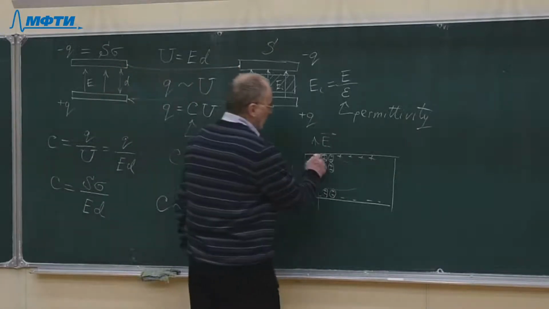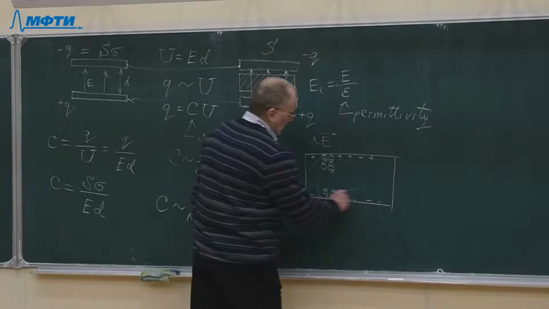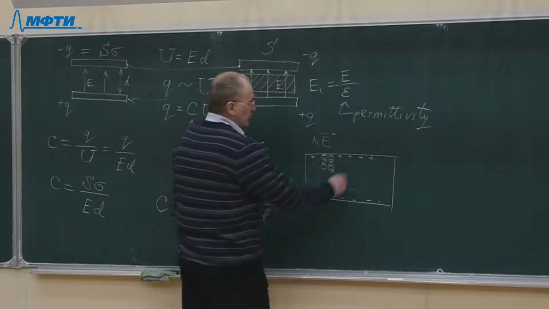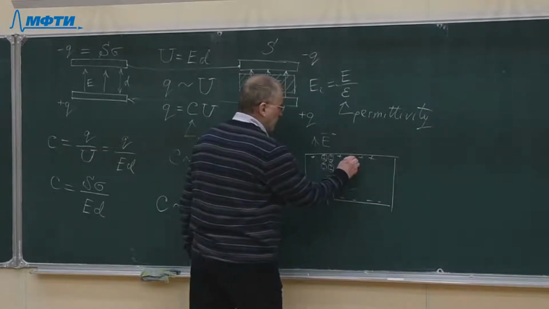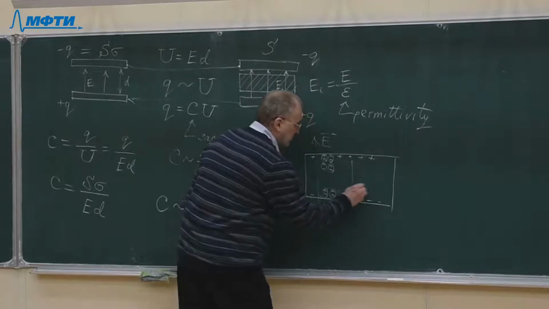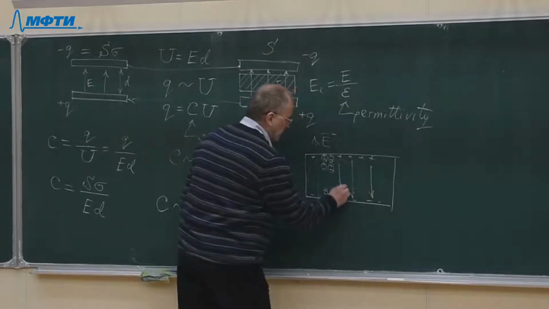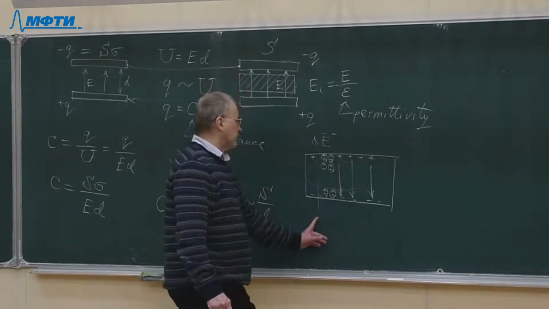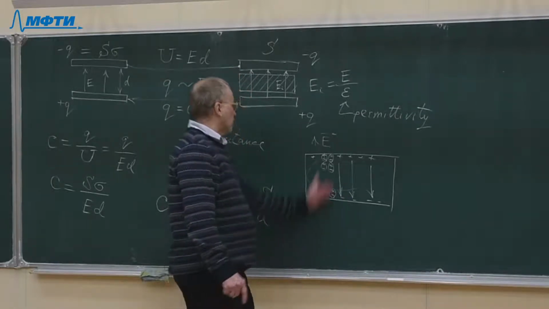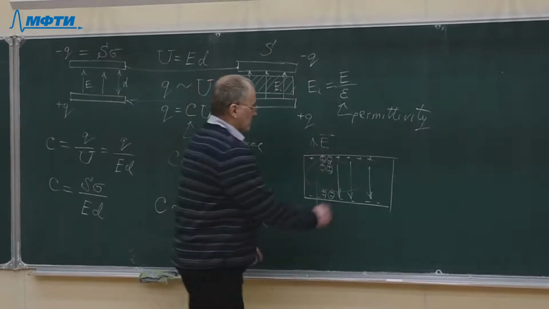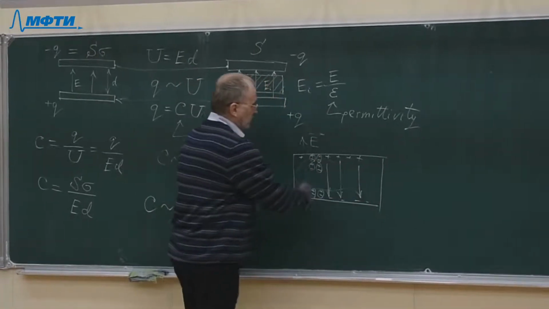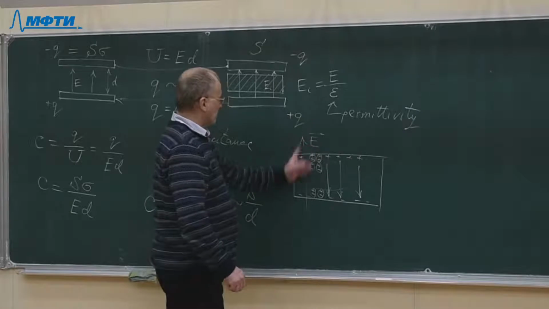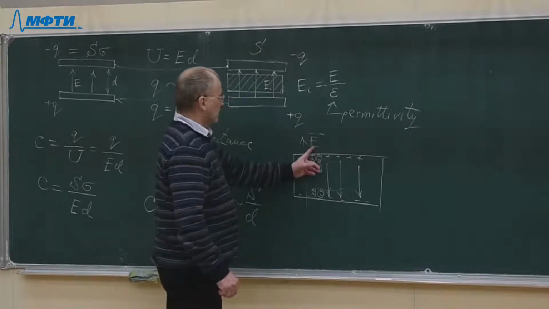These non-compensated charges will create their own field, which will be directed from the positive charges towards the negative charges. That internal field of the dielectric will be directed oppositely to the external field, the initial external electric field.